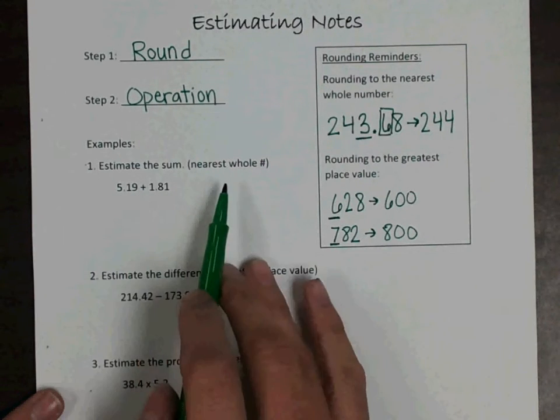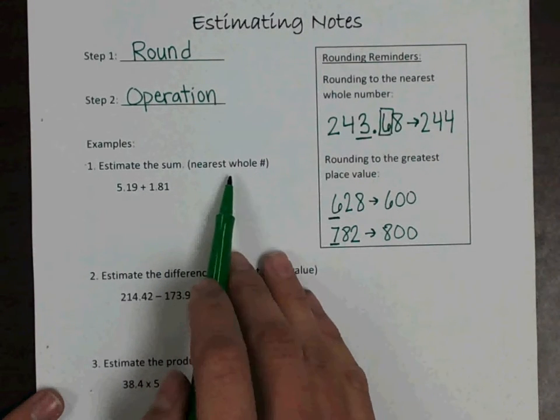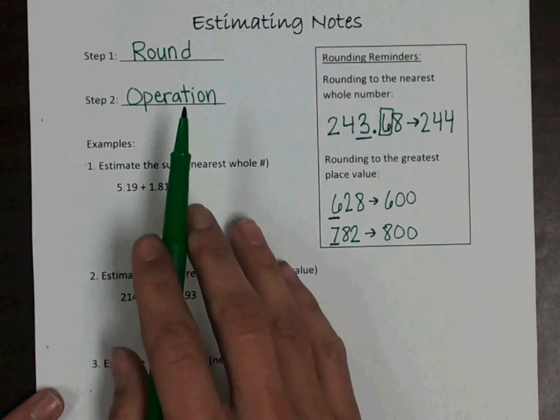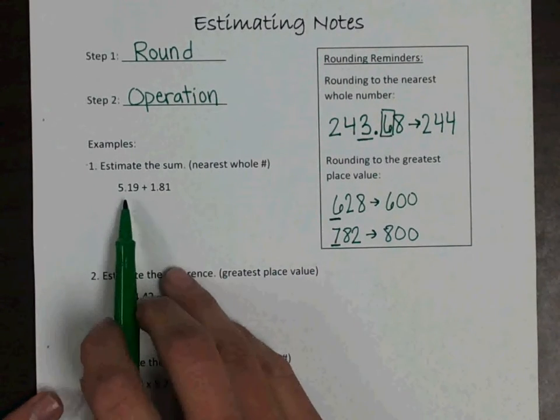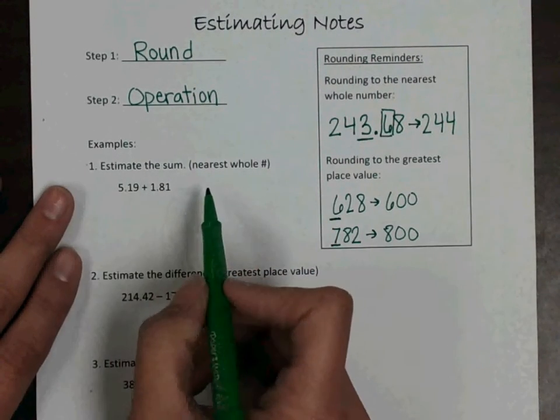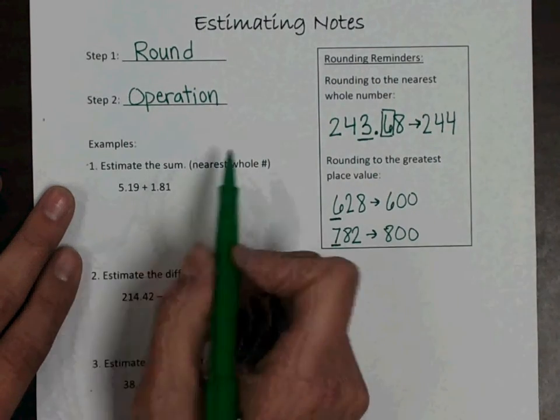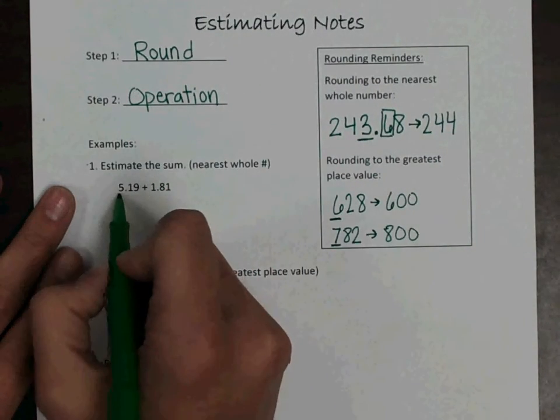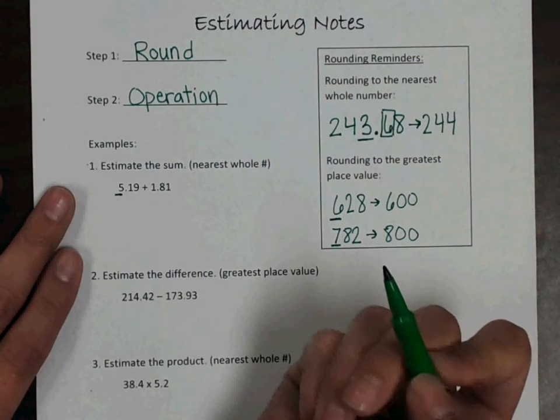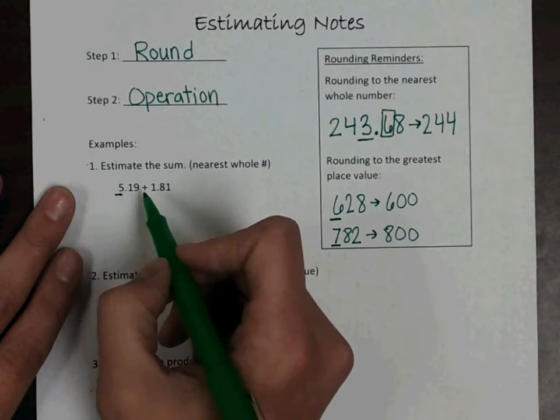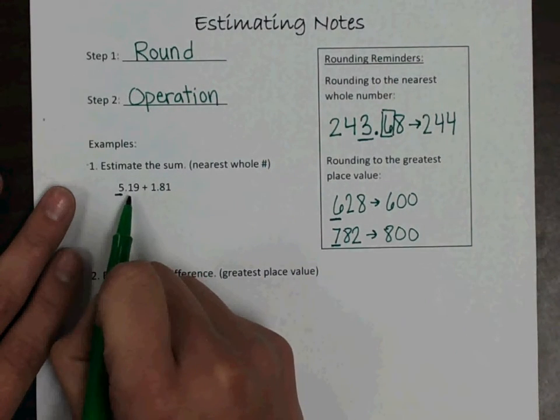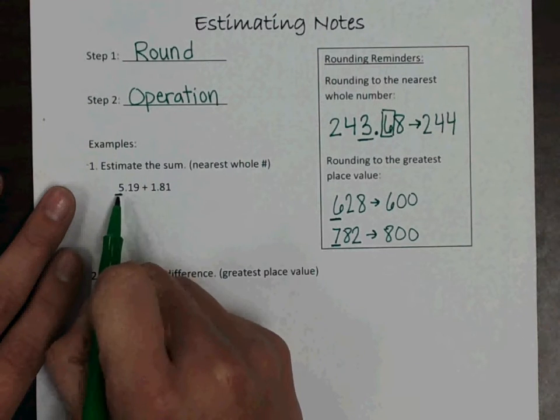The first example says to estimate the sum, and it gives us 2 decimals, and then in parentheses it tells us we're going to round to the nearest whole number. So remember, our first step is to round. So I want to round both of these. 5.19 to the nearest whole number. Remember, we want this number to be the last digit because we have nothing past the decimal. So that 1 there, because it's less than 5, means we're going to leave it at 5.